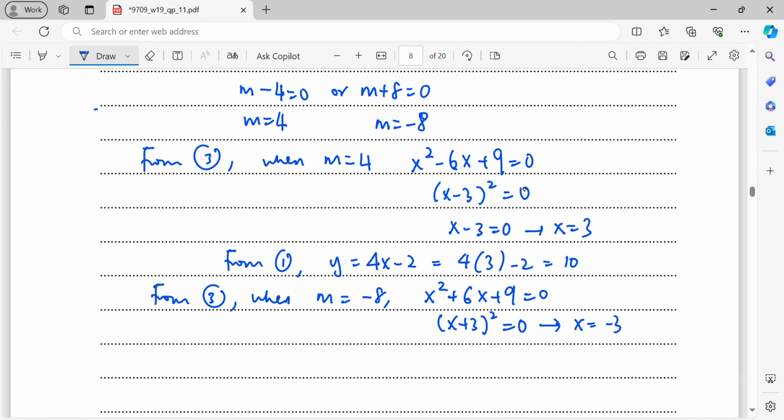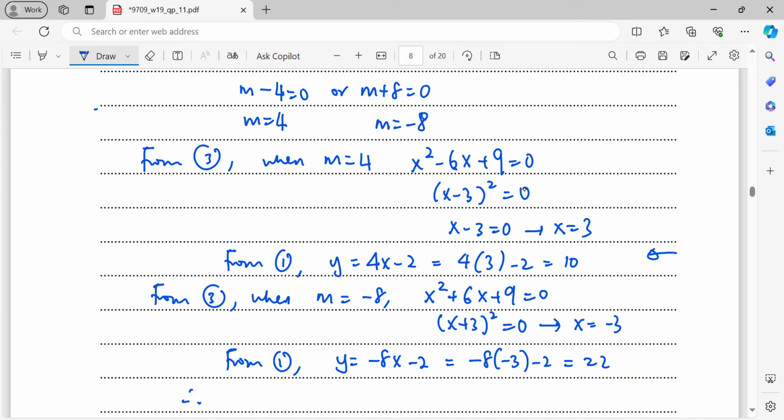So then, again, from the first equation, just repeat the steps in this working. So y equals minus 8x minus 2, because my m is minus 8. So therefore, you just replace the x by minus 3. Then you will be getting 22.